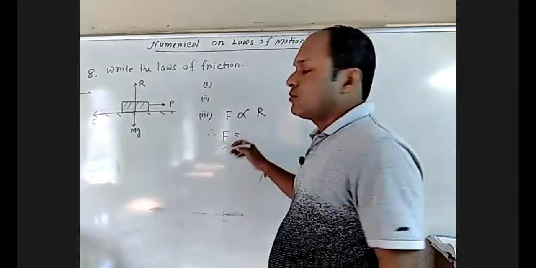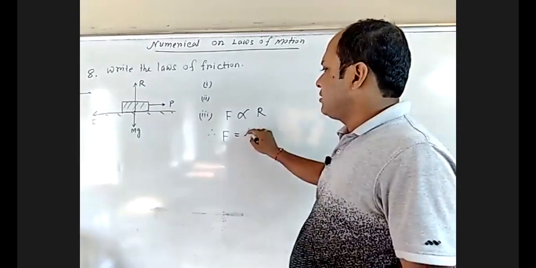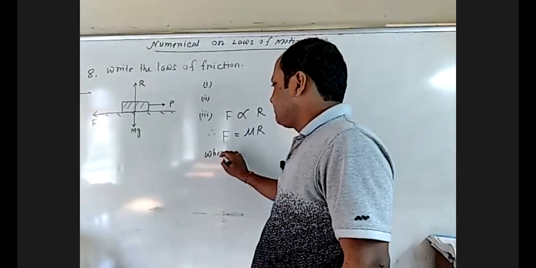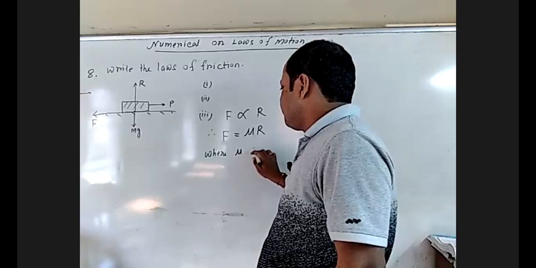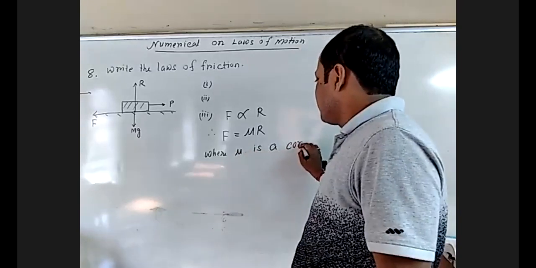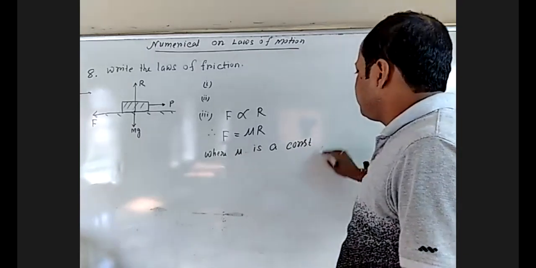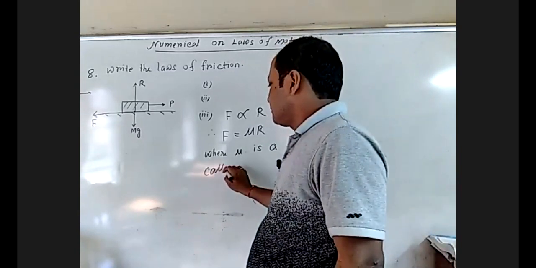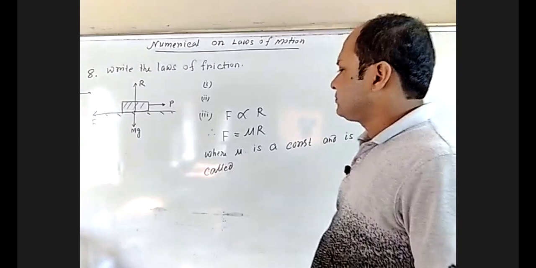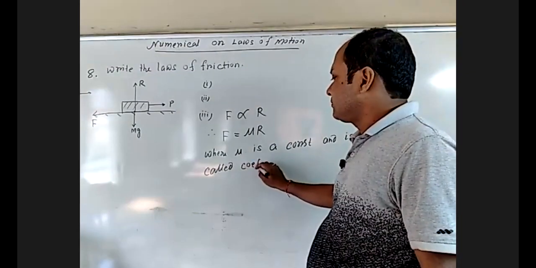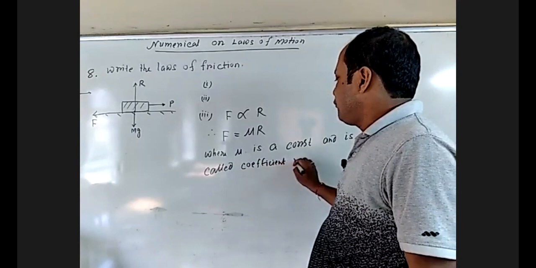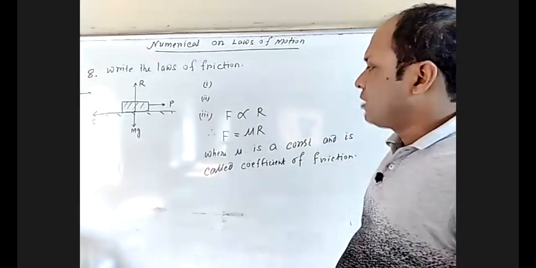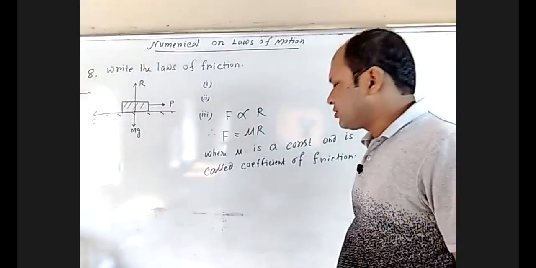Therefore, F equal to a constant times R; you have to introduce a constant. That constant is mu, where mu is a constant called the coefficient of friction of the two surfaces in contact.